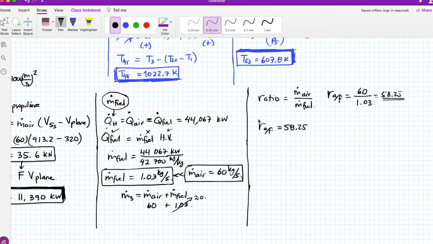So for the Brayton cycle for propulsion, your air fuel ratio is so high, 58.25. If you know something about car engines or diesel engines, this ratio of air to fuel is around 14, 15 maybe, 16 or something. But for propulsion gas turbines, they are much higher.